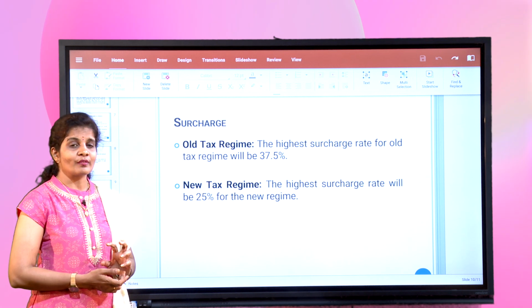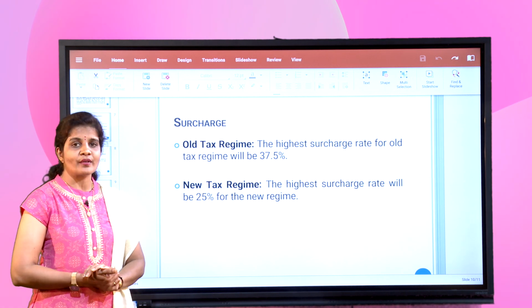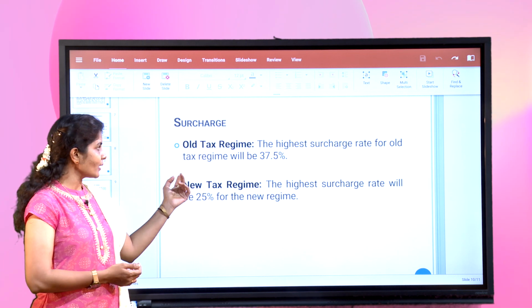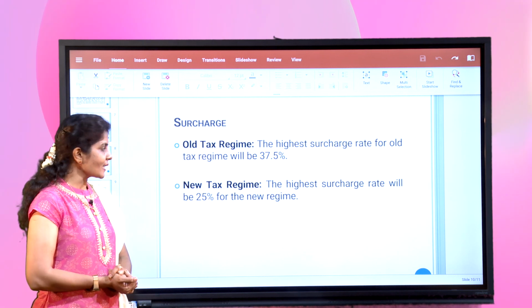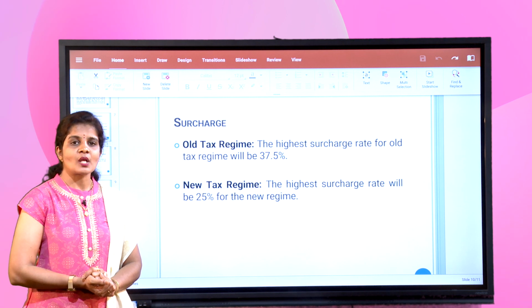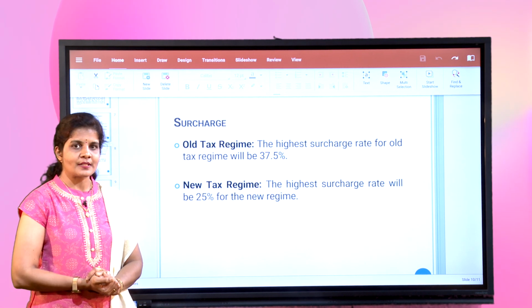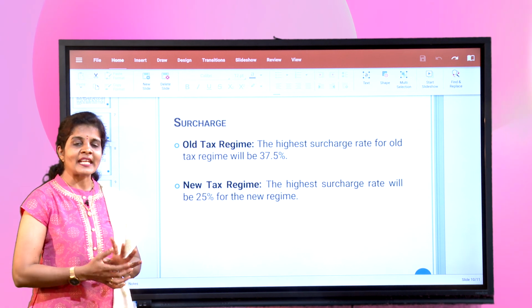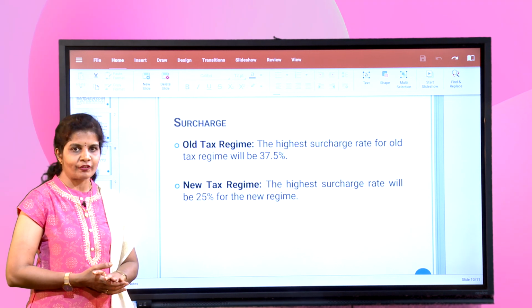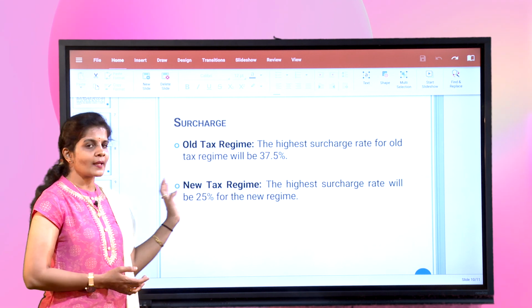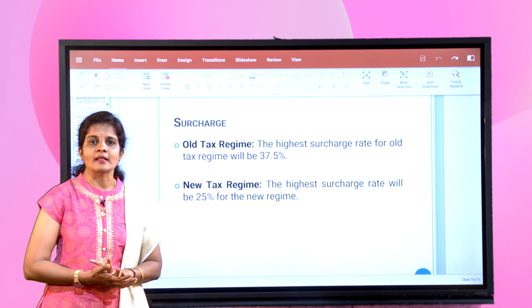So this very high rate of tax on tax is applicable under old tax regime, whereas under new tax regime the surcharge rate is only 25%. Up to only 25% is payable if income of an individual exceeds 50 lakh rupees. So these are the various differences between old tax regime and the new tax regime.